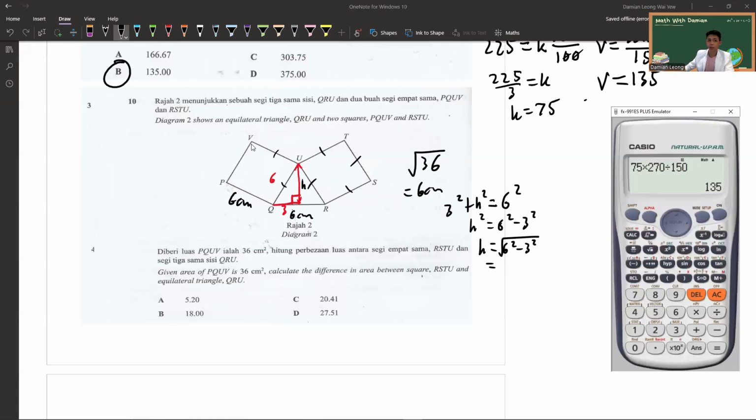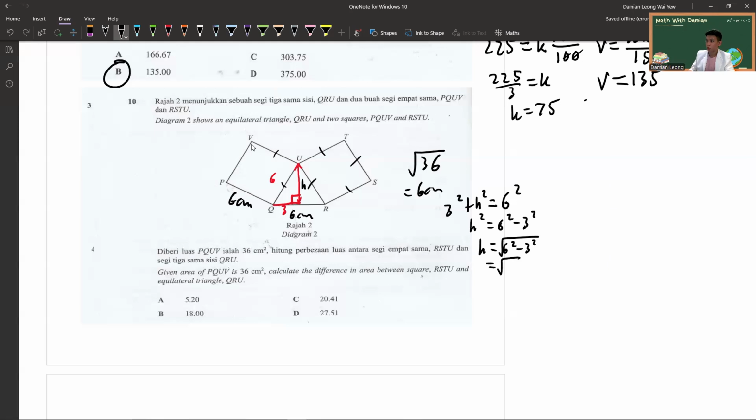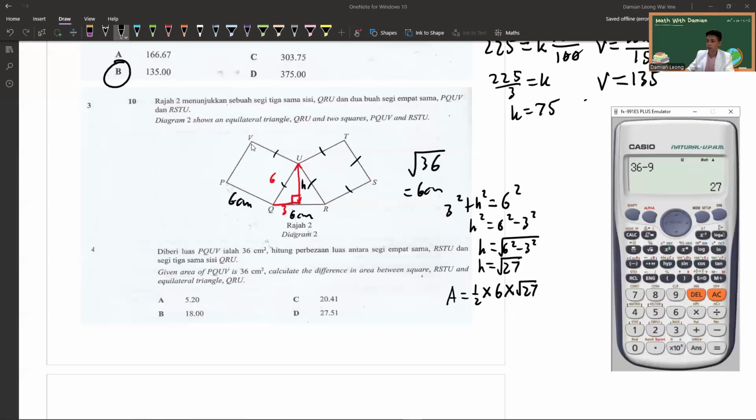So we calculate 6 square minus 3 square. 36 minus 9 is 27. So square root of 27. The area of the square is 36. Area of triangle is half times base 6 times height square root of 27.